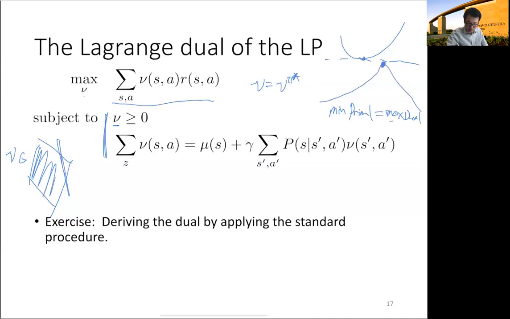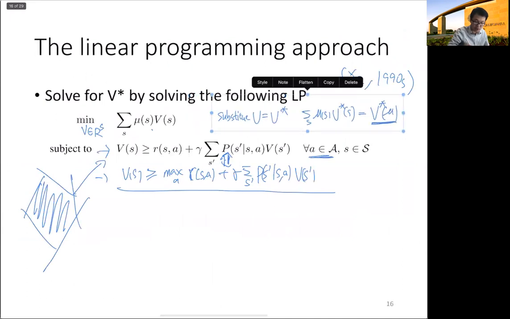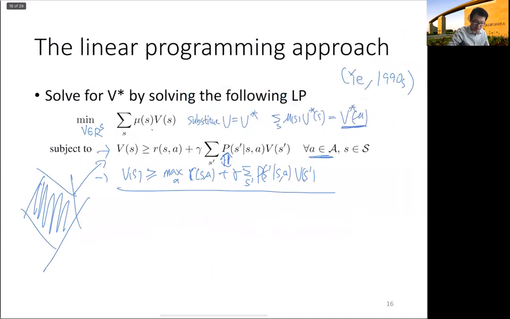The dual is over nu and the primal is over v, right? These two are equal. And if we stare at it, this is completely intuitive, because this is the value of the policy, right? This is the optimal value of the policy at mu. And if we look at this again at the optimal solution, when we substitute this v star into this, it also gives us the value of this pi star policy at mu, the initial state distribution mu, right?